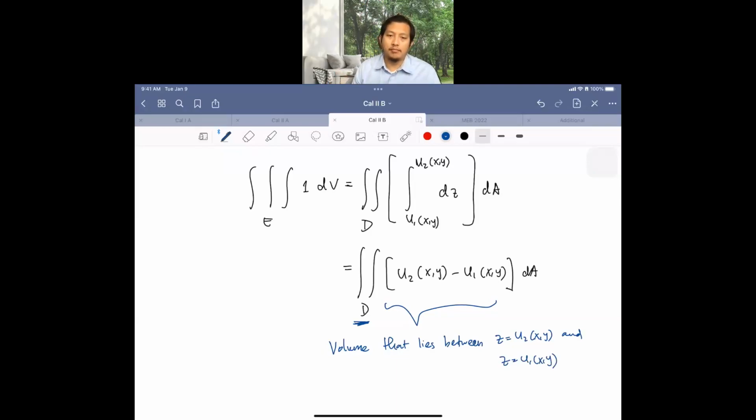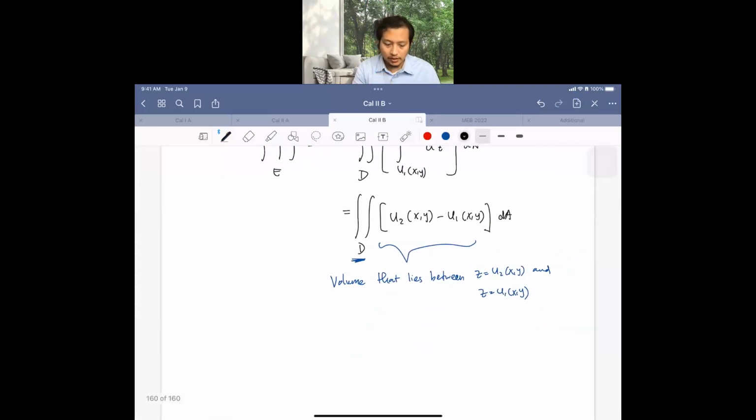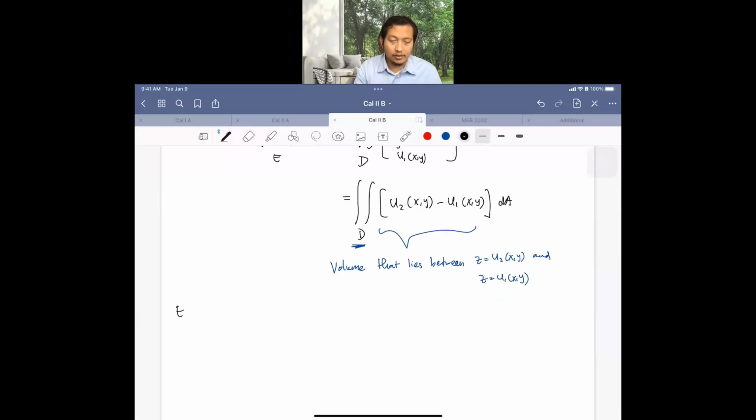So you could apply this property when you have different boundaries, if you have two different functions of two variables, you could take the subtraction and make it into a triple integral for finding the volume. If my words seem complicated, let me just show the example.